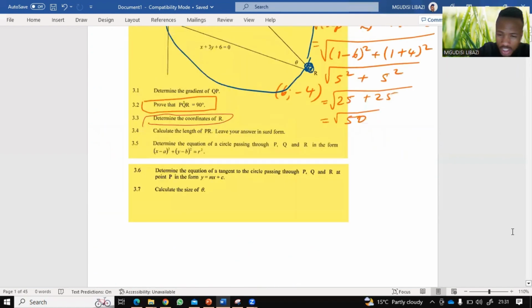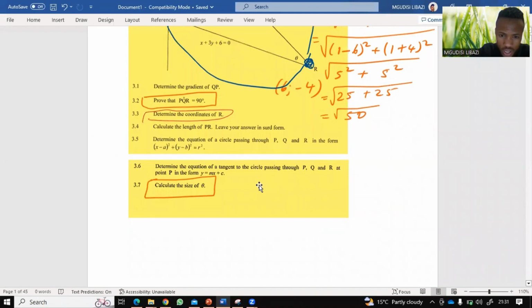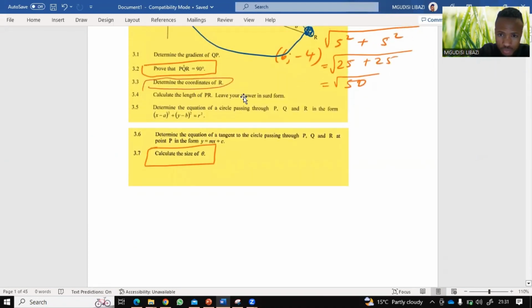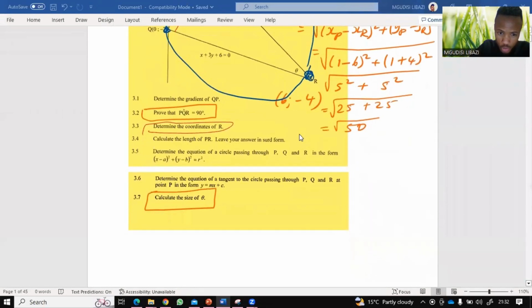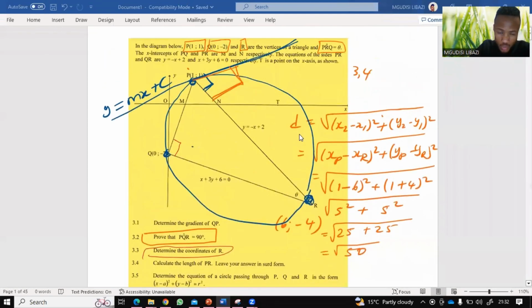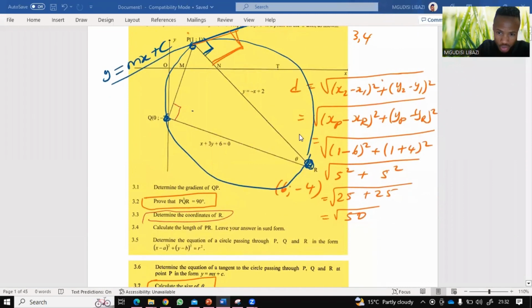So after that, they want what? They want us to calculate the size of angle theta. To find the angle theta there, there are many ways we can find it.